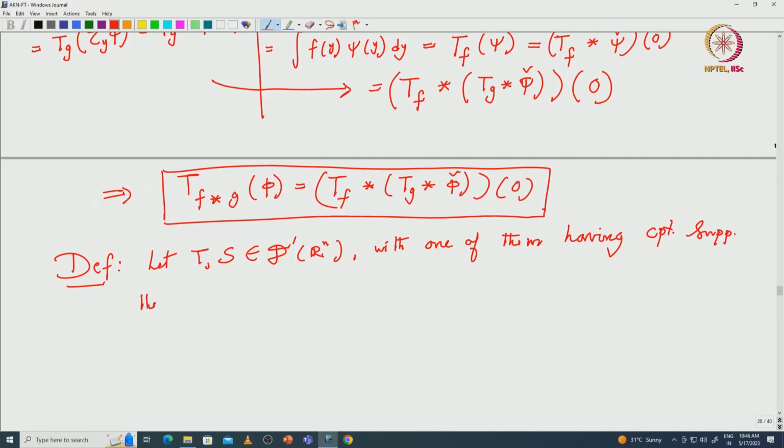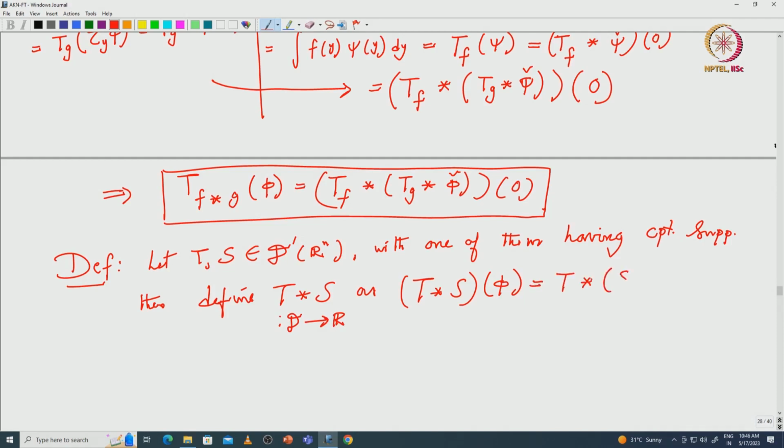Then define T star S as T star S acting at phi as a distribution. So, you are defining T star S from D to R. T star S at phi is equal to T star S star phi tilde at 0.